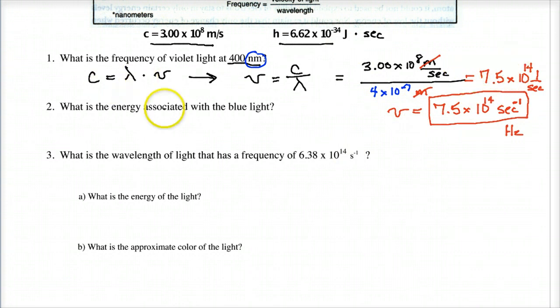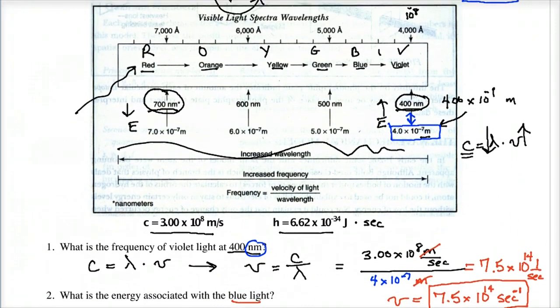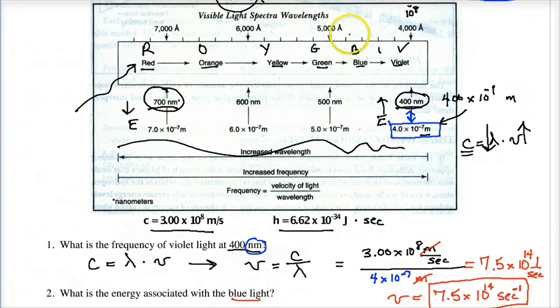Okay, now what's the energy associated with blue light? Now let's go find some blue light. We're going to need some wavelengths here. Blue light, okay, and again, I didn't give you a nice number. So let's take a number between green and violet. Okay, let's make this 450. I know you could pick any number.